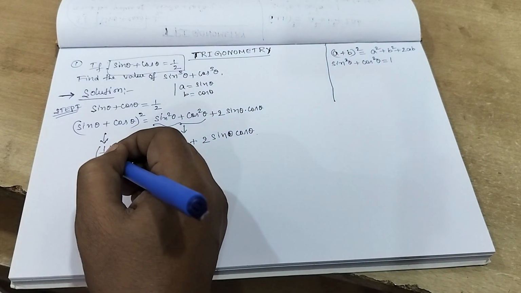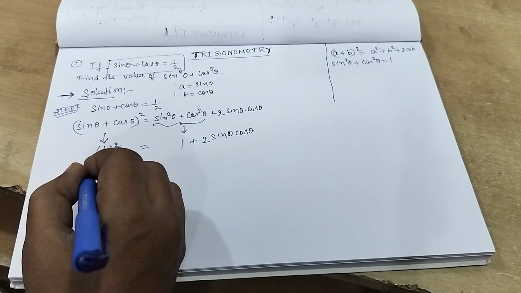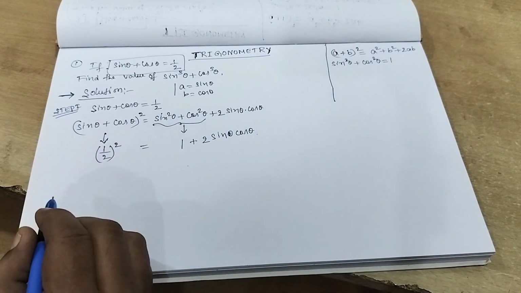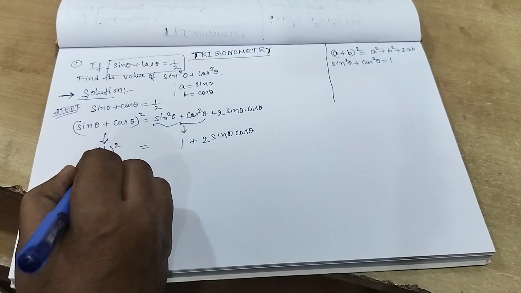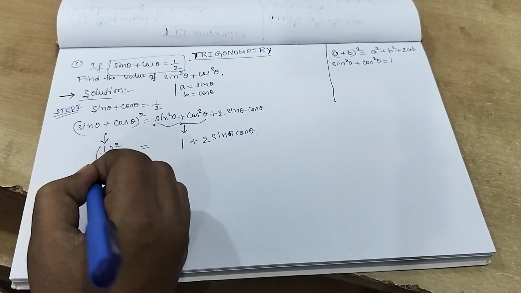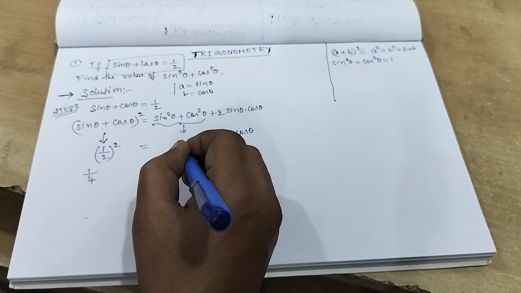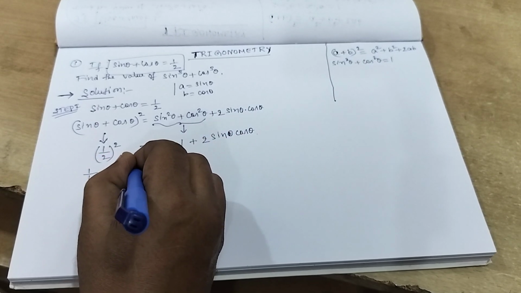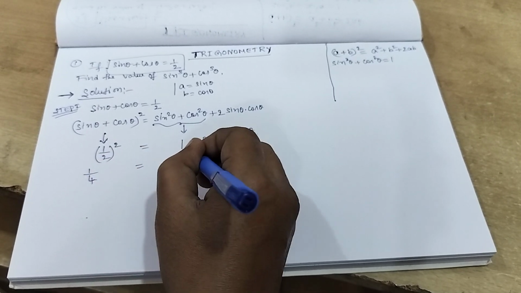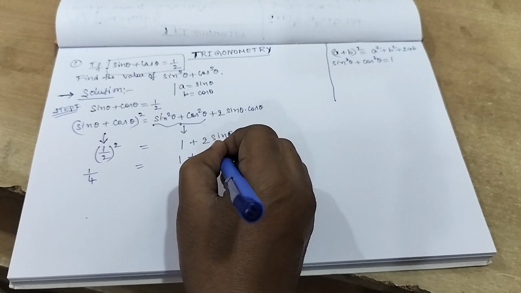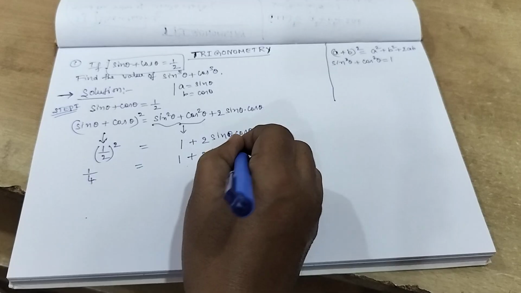Now (1 by 2) whole square means 1 over 2 times 1 over 2, that is 1 over 4. Then I will transpose this term, so I write here 1 plus 2 sine theta cos theta.